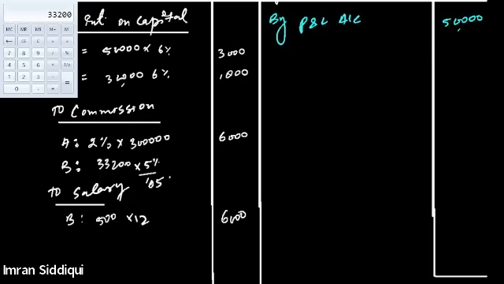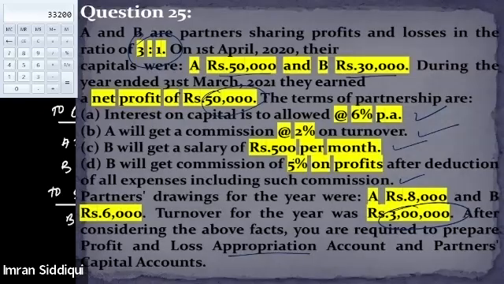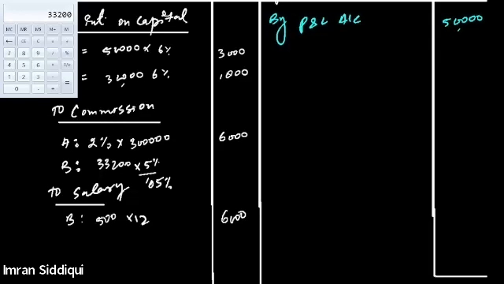Whenever a question asks you to calculate commission after paying such commission, like in this question it was written that B will get a commission of 5% on profit after deduction of all expenses including such commission, then we simply cannot calculate 33,200 into 5%.